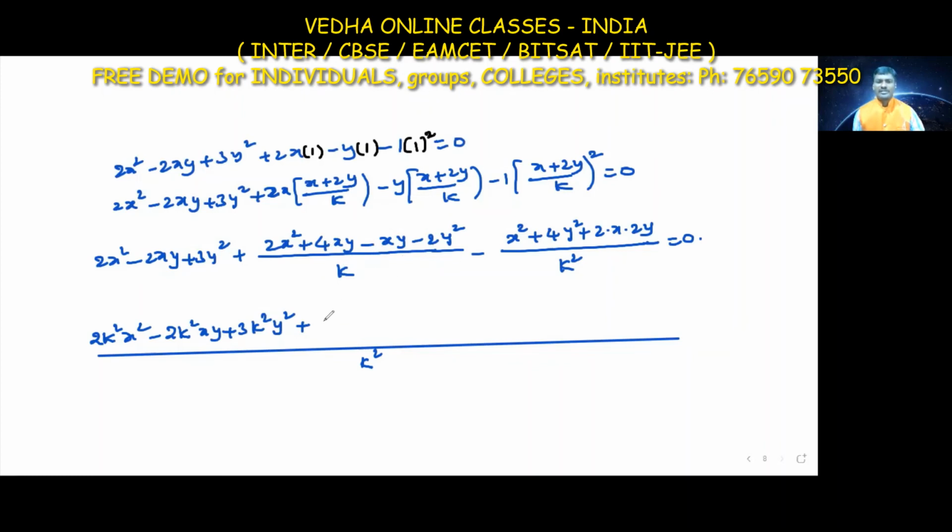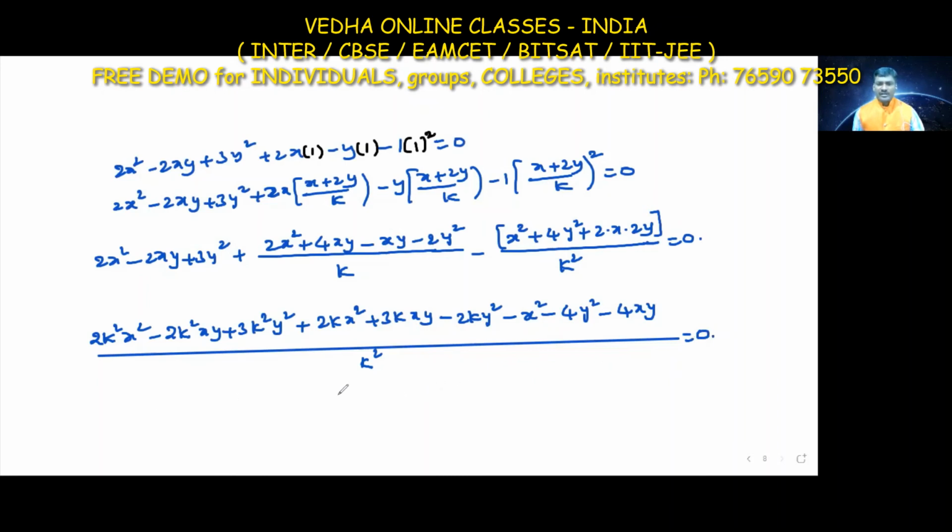So that means 2kx square, 4xy minus xy, that is 3xy into k, 3kxy, and minus 2y square into k, that is 2ky square. This minus is applicable for the complete term, so minus k times x square minus 4y square minus 4xy, equal to 0.